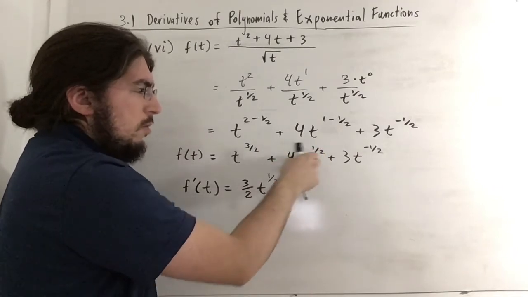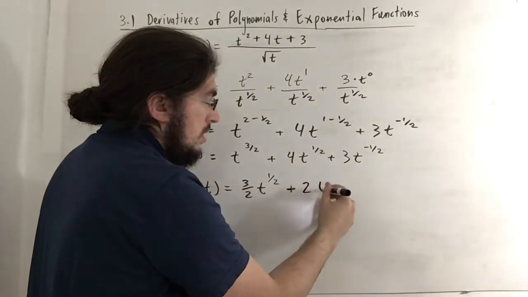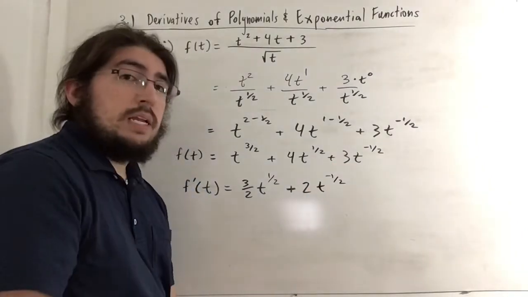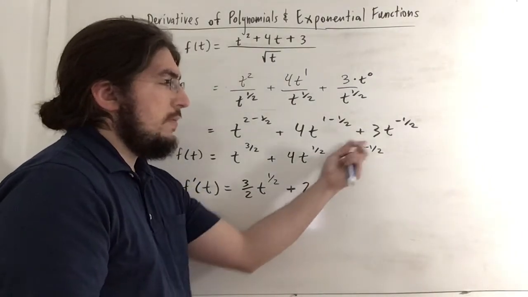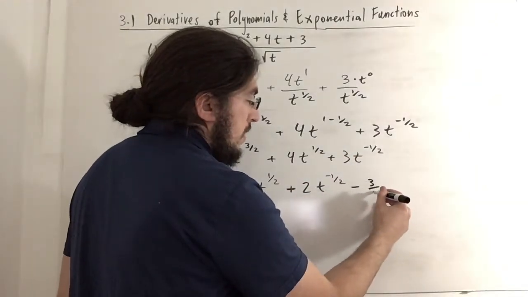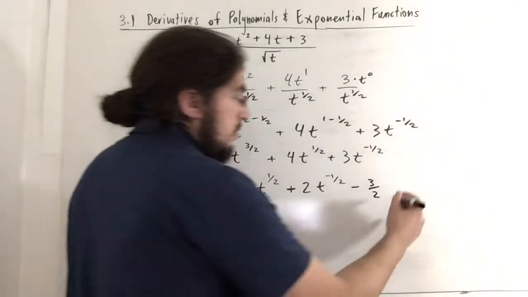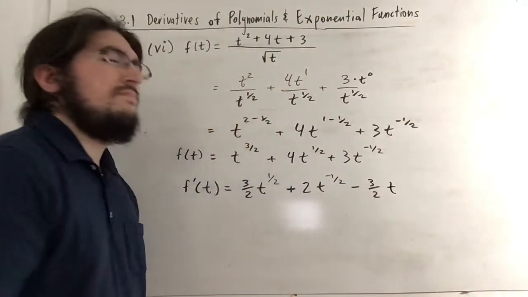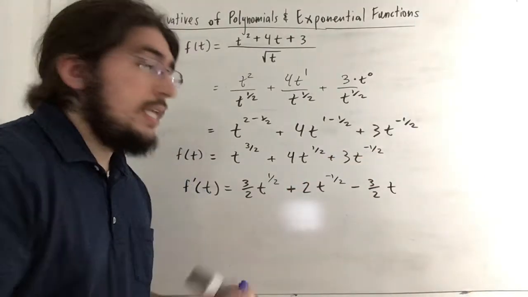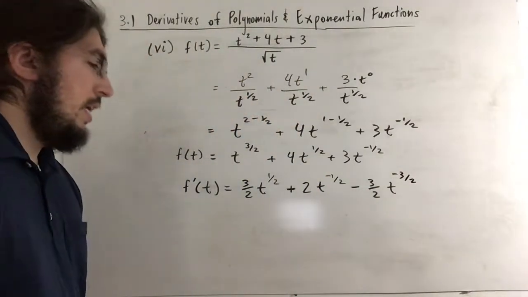So 1/2 comes down. 1/2 times 4 is 4 over 2, which is just 2. t to the 1 minus 2 is negative 1 over 2. This one is the one that becomes negative, because 3 times negative 1/2 is negative 3 over 2. So bringing the negative 1/2 down, 3 times negative 1/2 is just negative 3 over 2. t to what power? Well, remember it's top minus bottom. Negative 1 minus 2 is negative 3 over 2. And now we're really done.